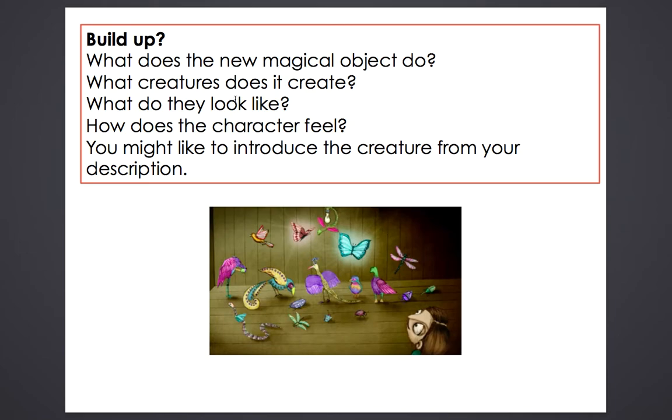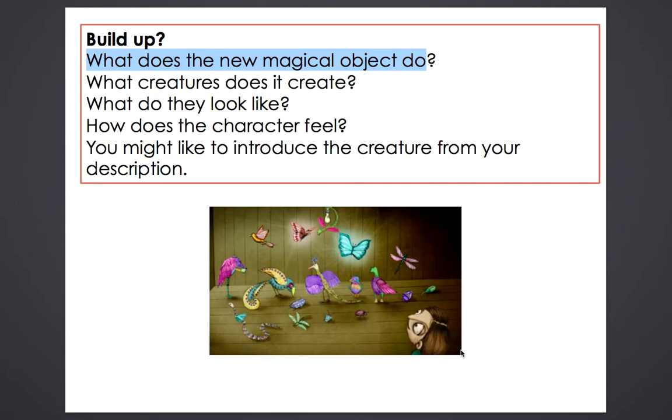So now we need to think, what does the new magical object do? Now, the boy's black hat makes lots of new birds and butterflies and creatures overnight, doesn't it? So I want you to think, what does your object do? What does it make overnight?